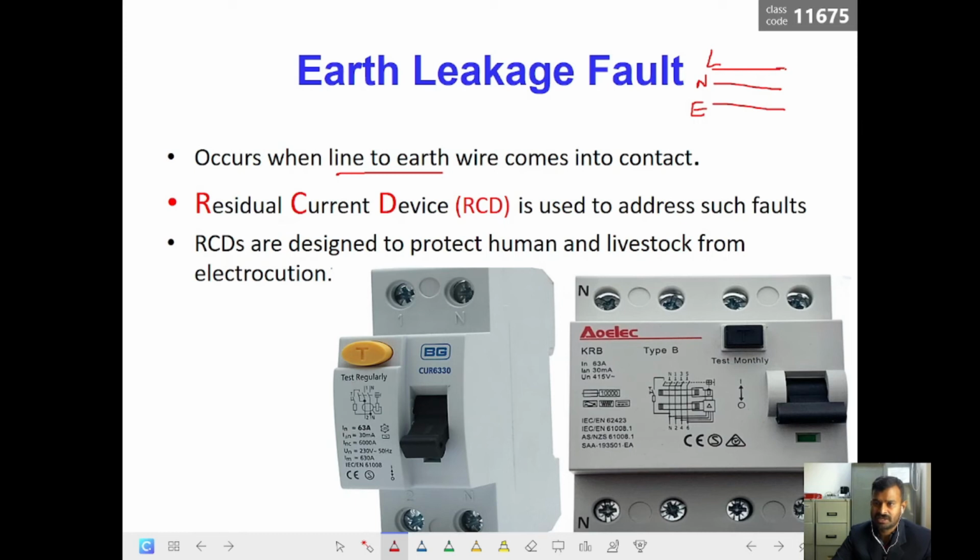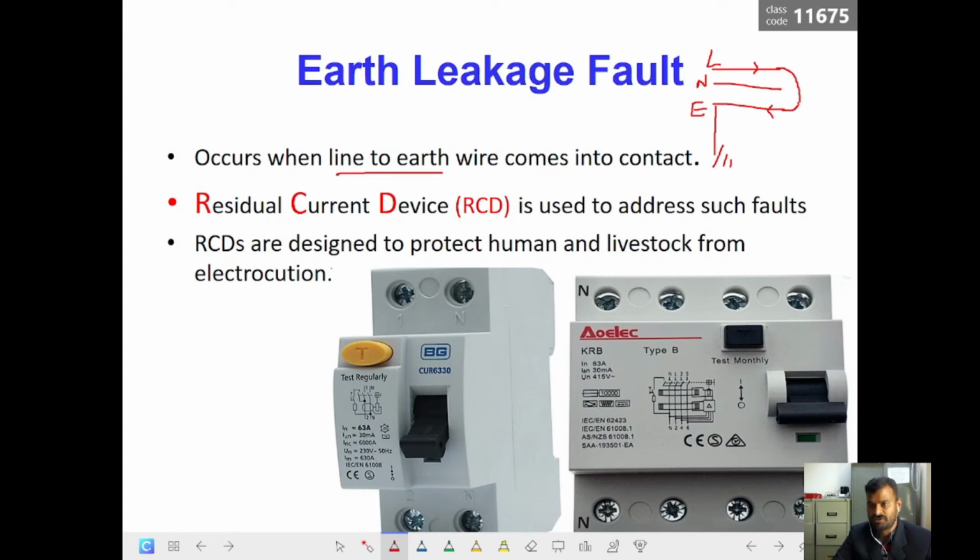If this line conductor is directly shorted with this earth, and this earth is grounded or earthed like this, what would happen? The current which is flowing in the line will transfer to the earth conductor and go to the ground. So it is a dead short, actually a line to earth short, or line to ground fault.